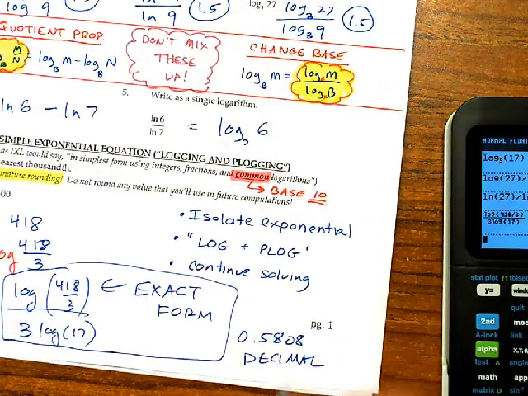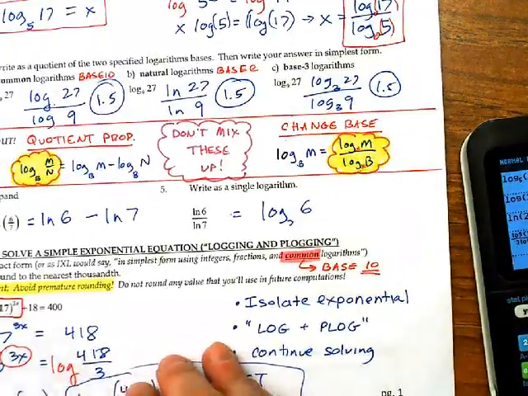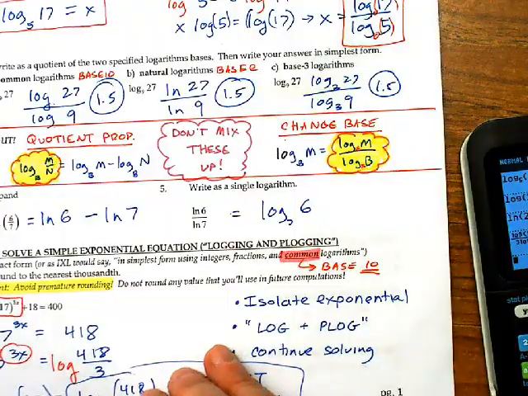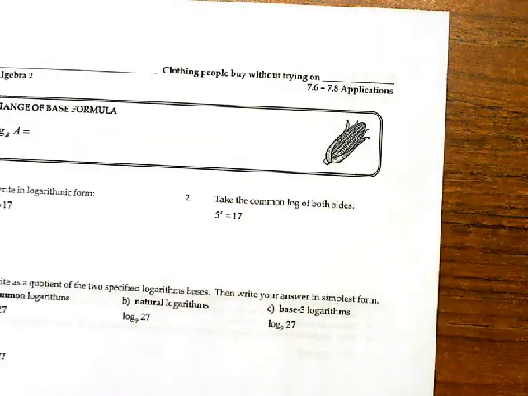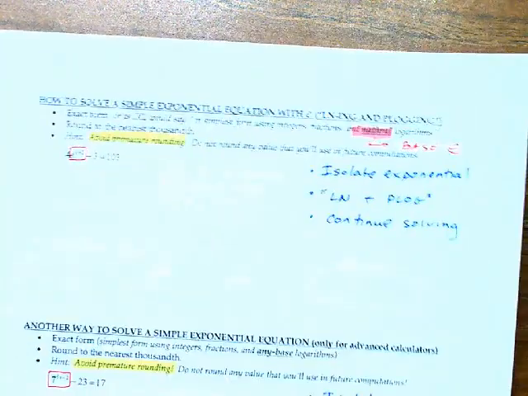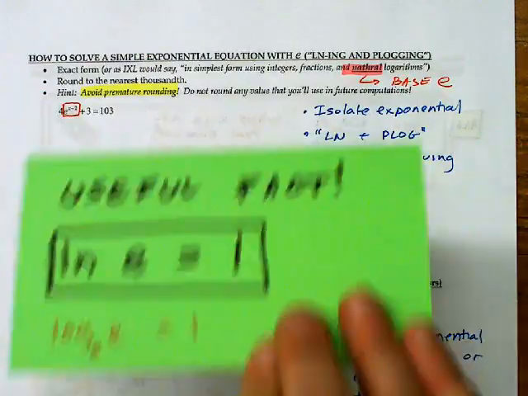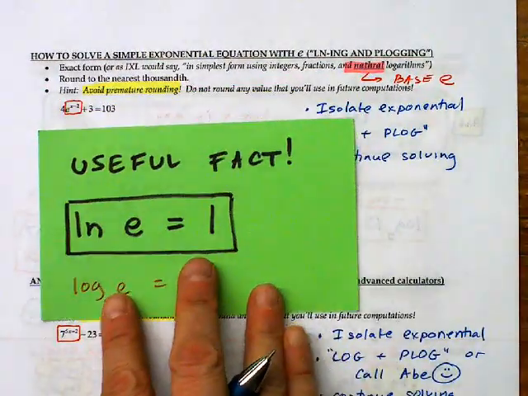Okay. Let's just try one more example here. And I'd like to show you how we can solve things now with the natural log. And one thing to just remember, I'll give you this little useful fact here, the natural log of e is 1.